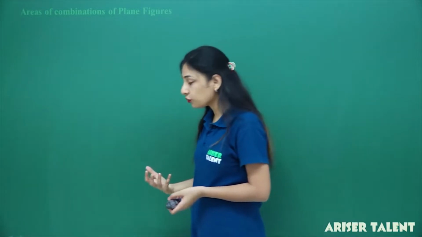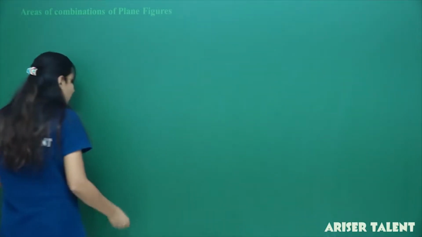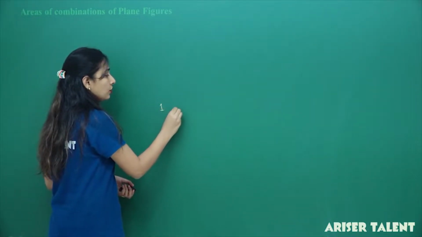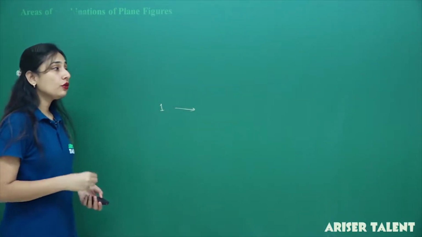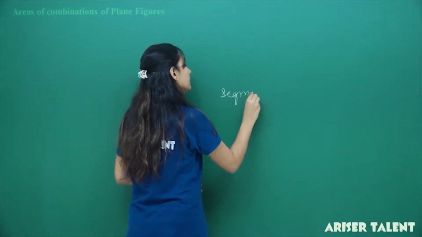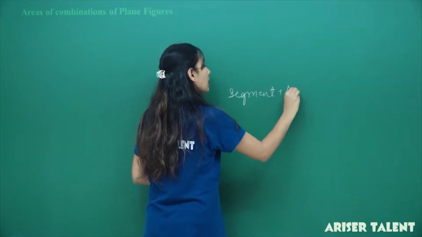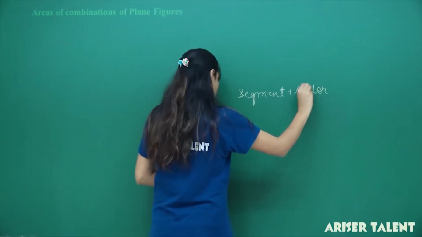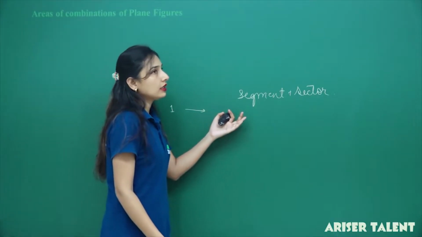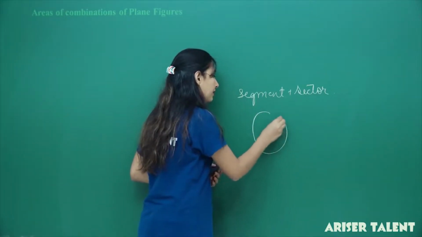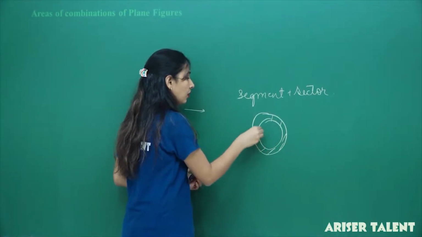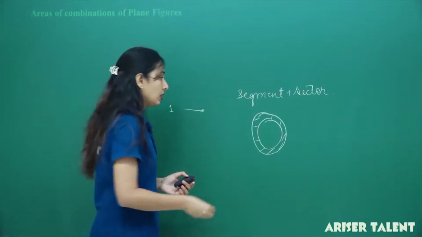What is a combination of plane figures? Combination means if you are merging one thing with another, if you are using more than one thing, like a segment and a sector, or if you have one circle and another circle and you have to find the area enclosed.